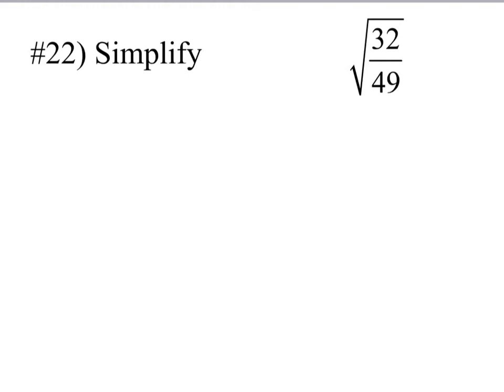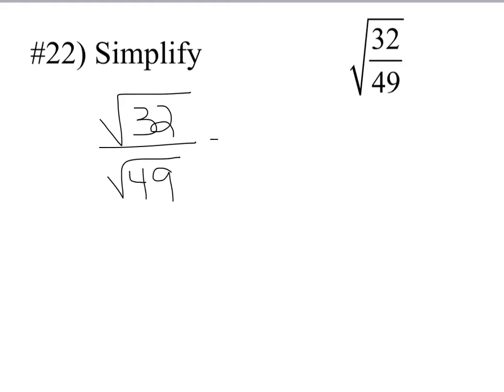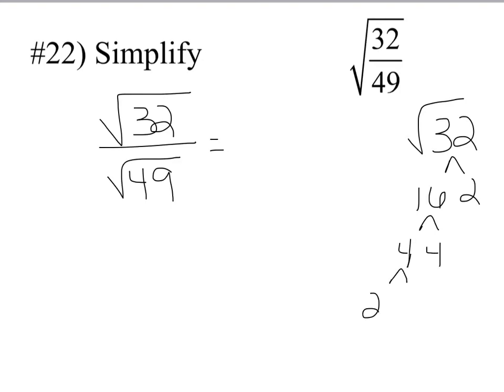Okay, here we have the square root of 32 over the square root of 49. It's a lot easier to break it up like that. Now, the square root of 32 can be simplified. It's 16 times 2, and then 4 times 4, and then 2 times 2, and 2 times 2.